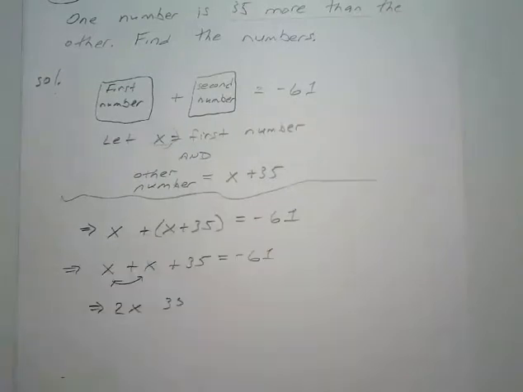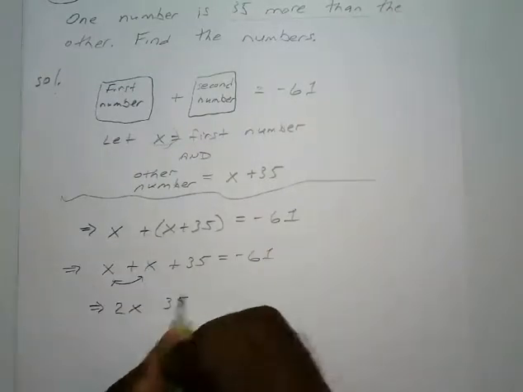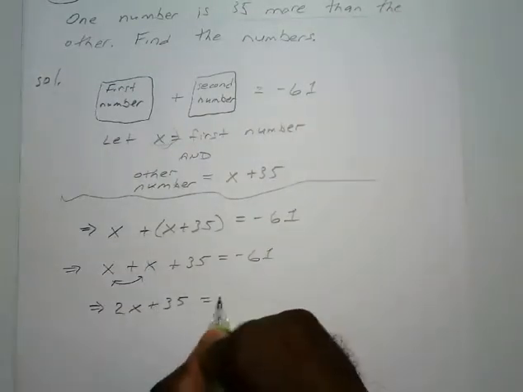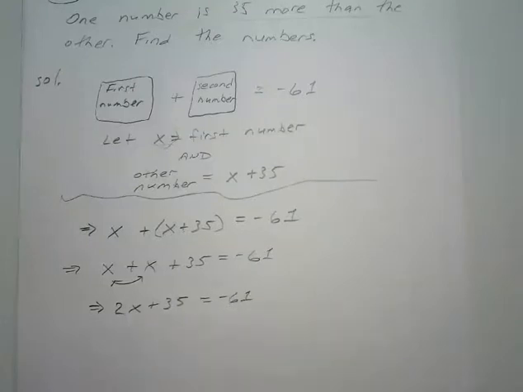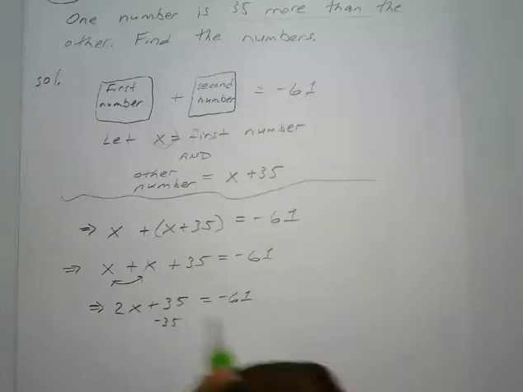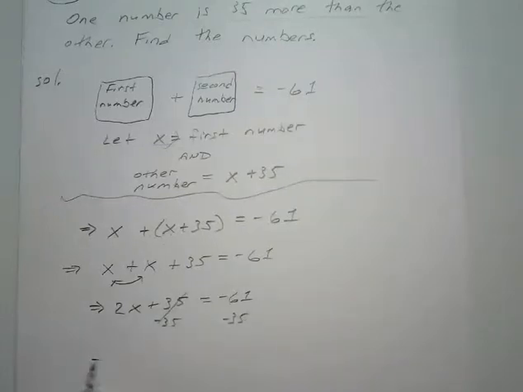Sorry about that, I'm jumping ahead. I have a bad habit of doing that. Equals negative 61. So we go ahead and subtract 35 from both sides. We're left with 2x equals negative 61 plus negative 35 is negative 96.